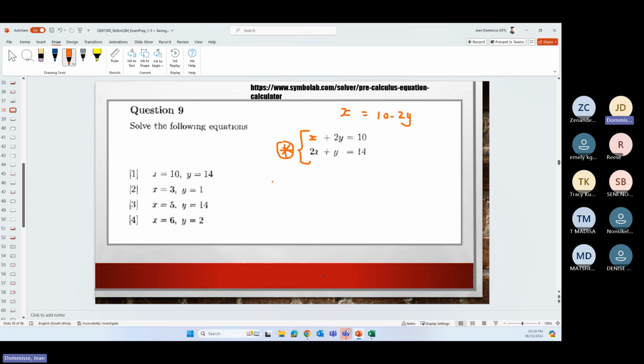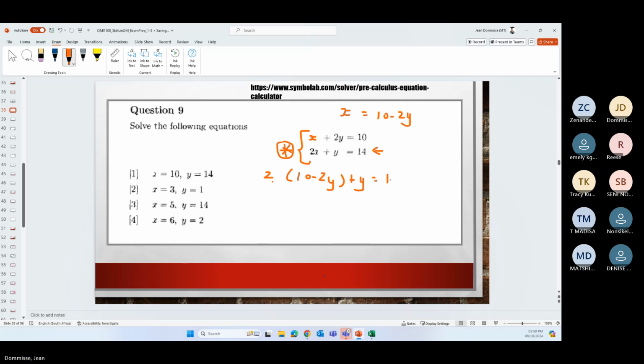And then in the second function, I will substitute my x with this, 10 minus 2y. Then we can work out what my y is, so that I can then use that y back in the original formula.